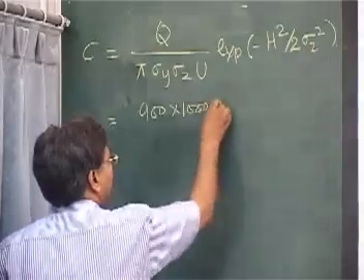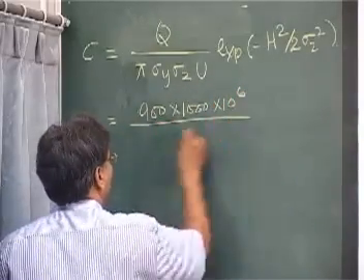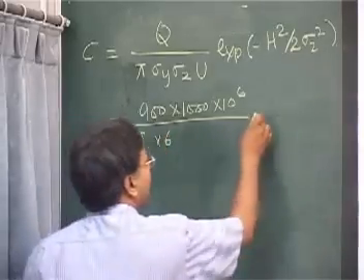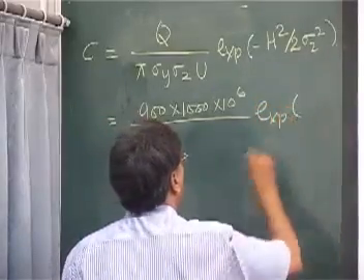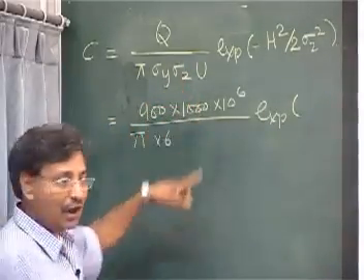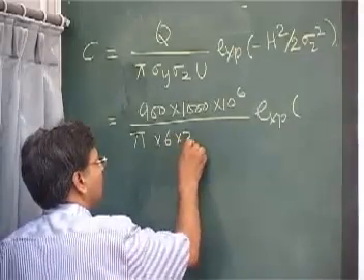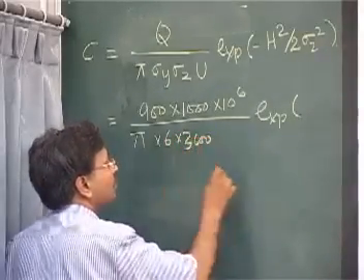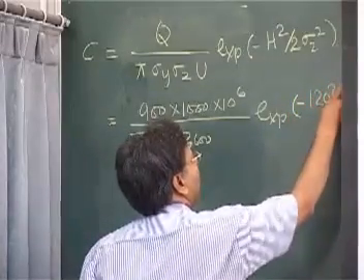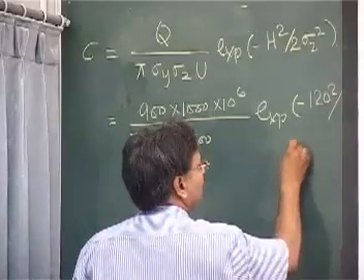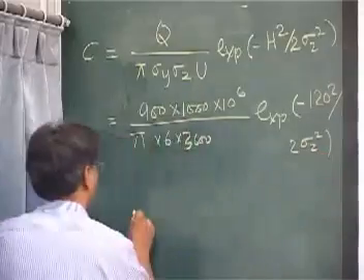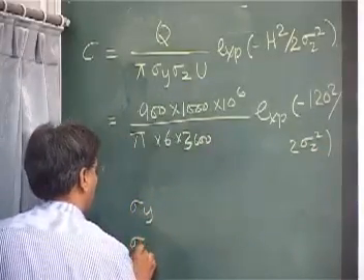Micrograms, 10 to the power 6, pi sigma y and sigma z I will write in a moment, 6, exponential, and this we have to find out per second, that is per hour. And my exponent equals minus 120 square by 2 sigma z square. So let's look for sigma y and sigma z.